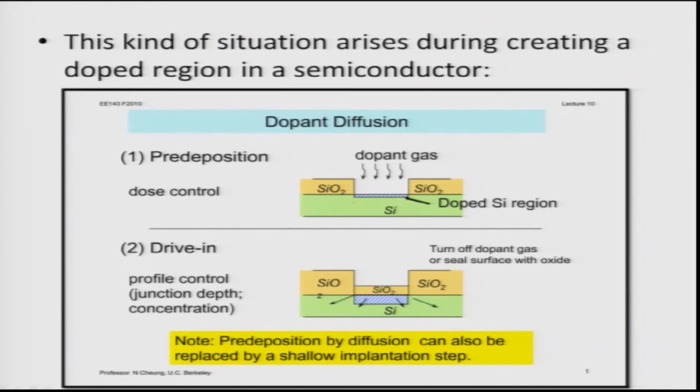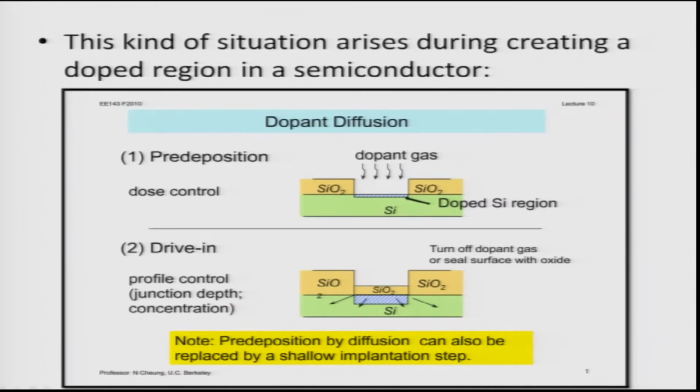Once it has diffused to a certain depth, the dopant gas is stopped. Specifically, initially it is exposed to the gas and then the gas is stopped, and then the dopant will slowly diffuse inside, and finally a doped layer is built up. So, the first process is known as pre-deposition, which is how you control the dose, and the second one is known as diffusion or drive-in.